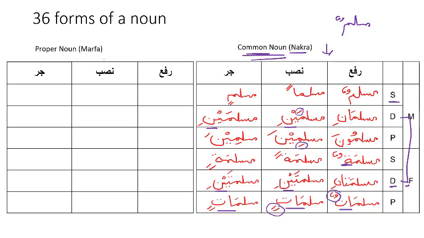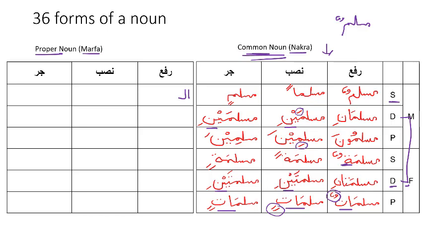Now, to convert this to a proper noun or marfa, we add al in the beginning. So with all these 18 forms, we will have to put al in the beginning, across the board. Whenever you see a tanween, the tanween needs to be truncated. So if you see an un, this will become an u.